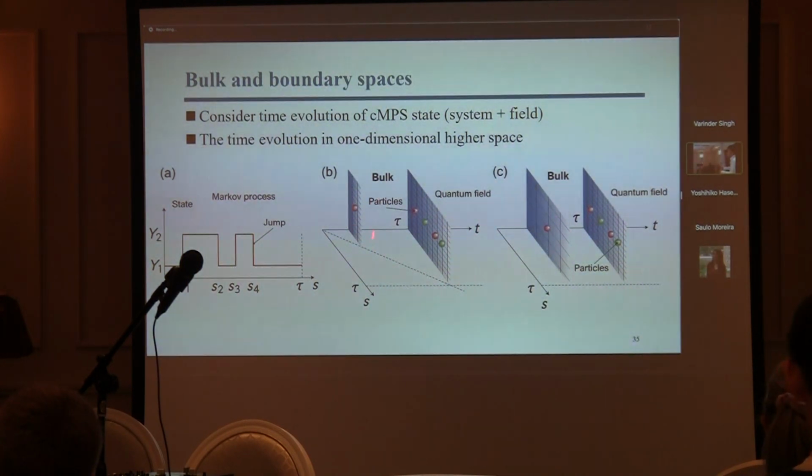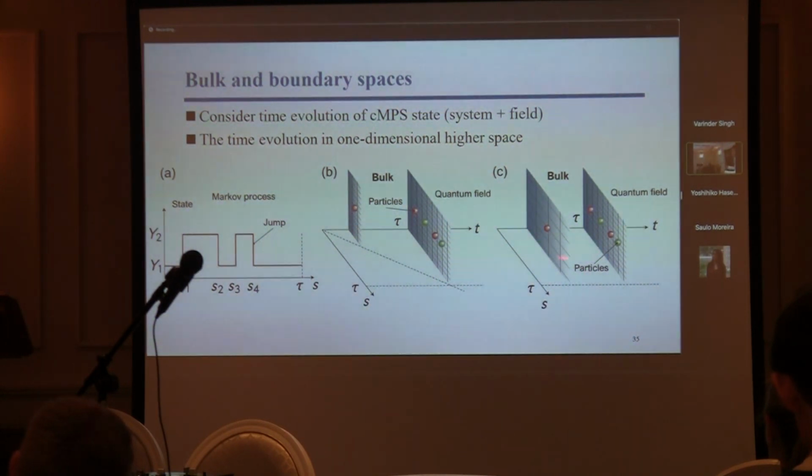But because the dimensionality is different, we cannot compare this CMPS state with this CMPS state. So we have to scale this CMPS state. If we scale the CMPS state, we have this diluted CMPS state. In terms of the number of jumps, this plate and this plate have the same information, just slower dynamics.